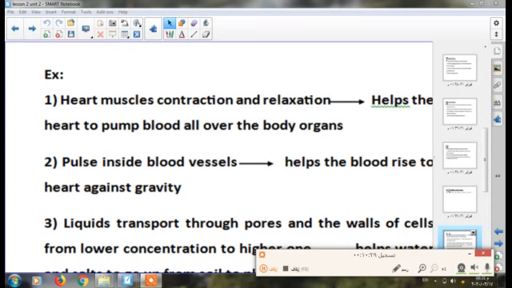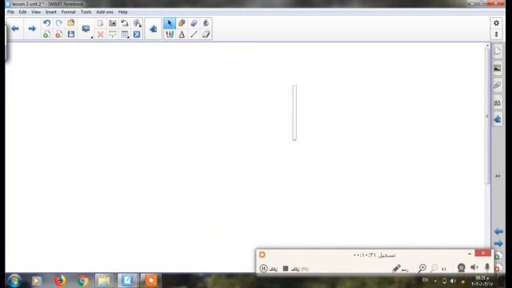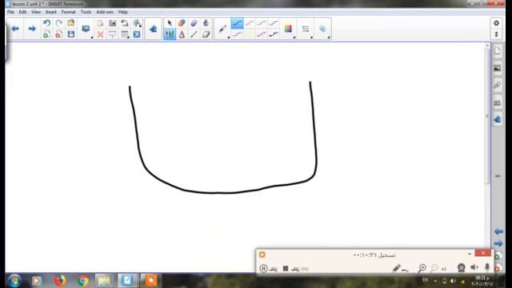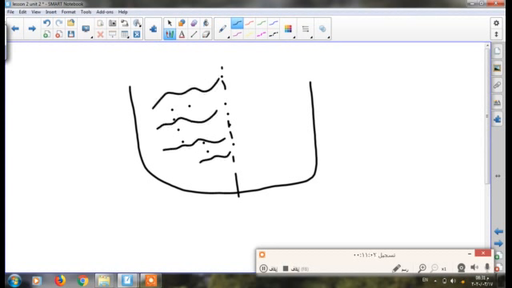If we have a beaker, this beaker contains a membrane, meaning that this membrane contains some pores, and on the left side there is some salt and some water, and the concentration of the salt is 25%.